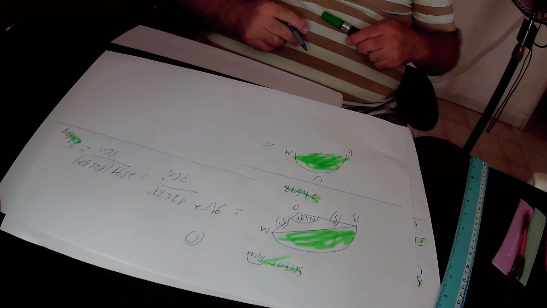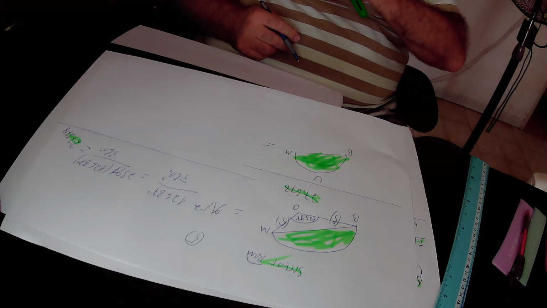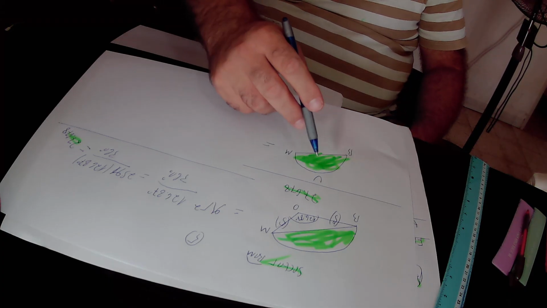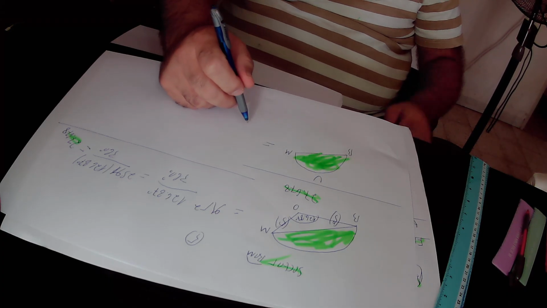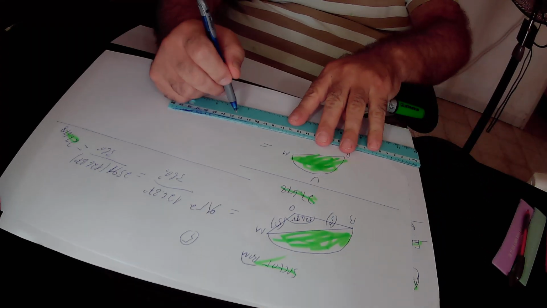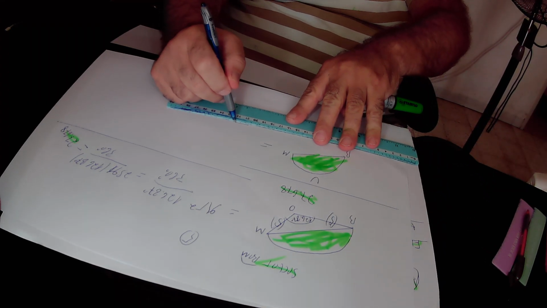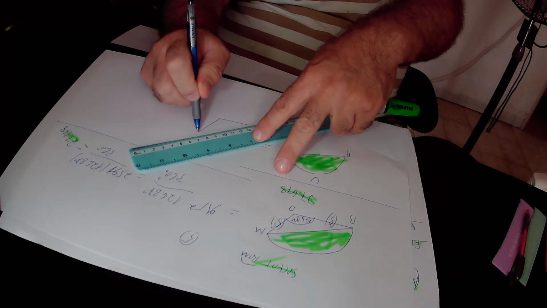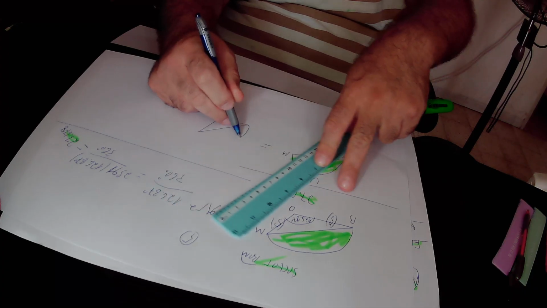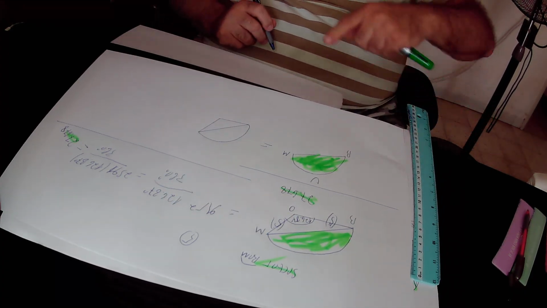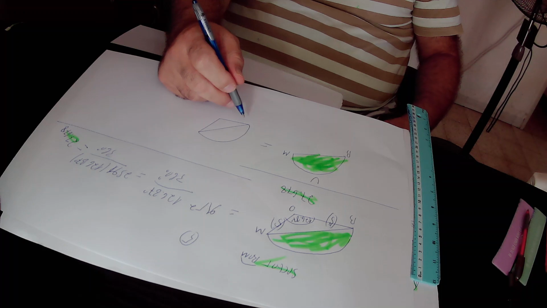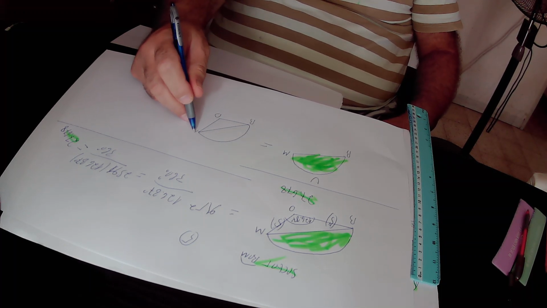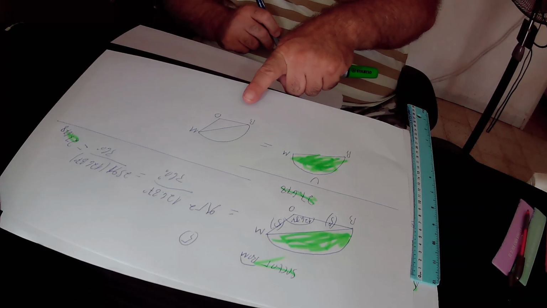From the drawing, it is very easy to see that the area of this green upper segment BOM equals the area of the big sector BOM minus the area of triangle BOM.